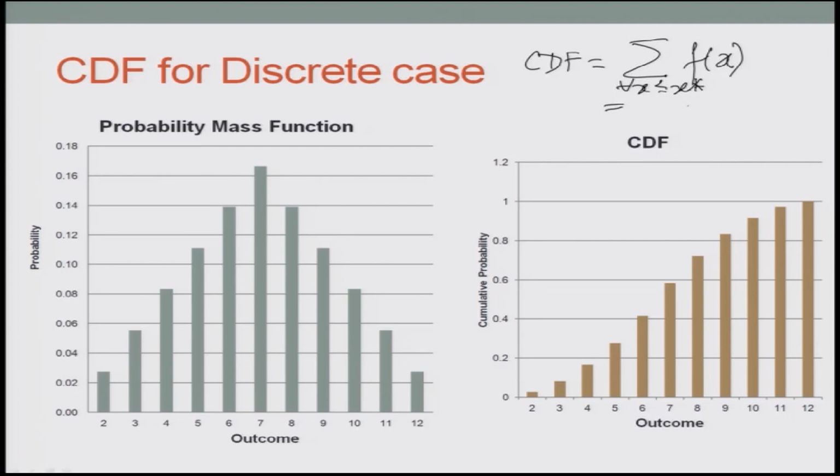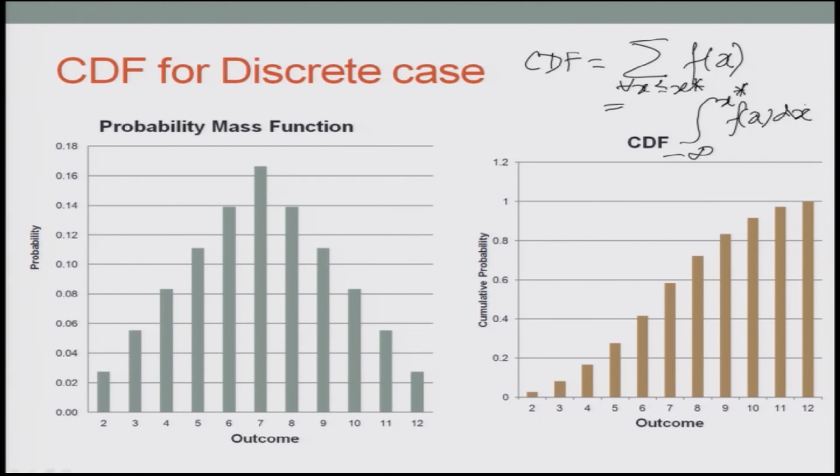And in case it is a continuous one, it will be integrated from minus infinity, considering this is the minimum value of x, till the value of x star, wherever you want to find out the CDF, f of x dx. So, this is the probability density function, and then based on that you find out the CDF values.